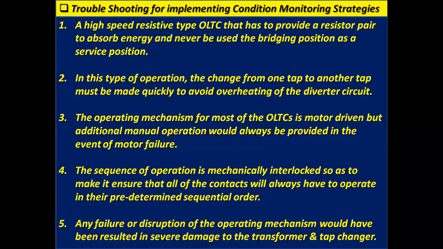Number 4, the sequence of operation is mechanically interlocked to ensure that all of the contacts always operate in their predetermined sequential order. Number 5, any failure or disruption of the operating mechanism would result in severe damage to the transformer and also the tap changer unit.